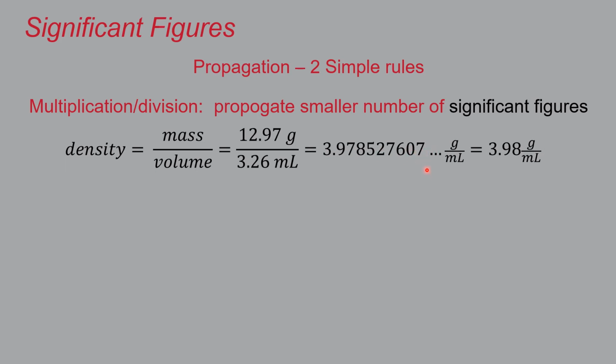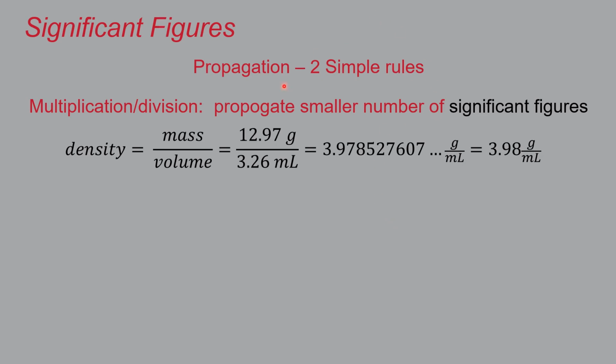Now, do you really know the density of this object to the tenths, hundredths, thousandths, ten-thousandths, hundred-thousandths, millionths? This implies that you know the density to plus or minus 1/billionth of a gram per milliliter, and that's simply ridiculous.